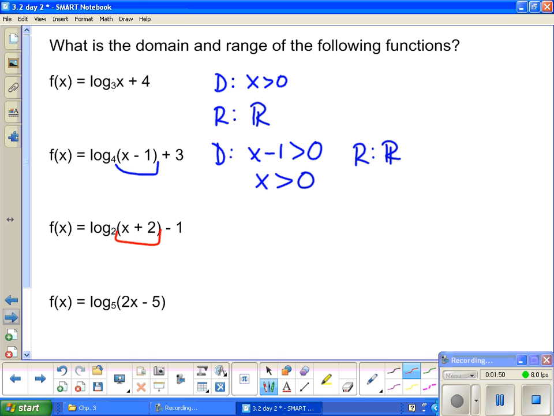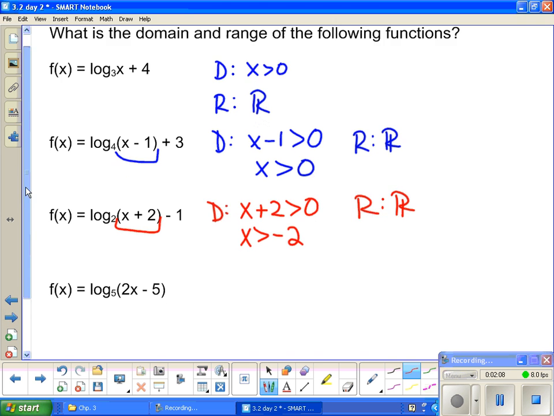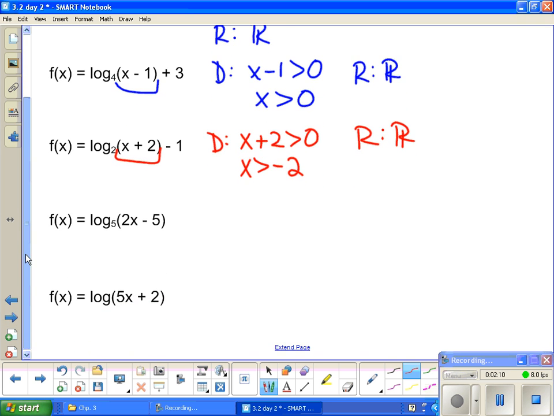What about this one? Same idea. My domain, x plus 2, has to be greater than 0 because I cannot take the log of a negative. So my domain would be defined as x is greater than negative 2, while my range is all real numbers. So another one.